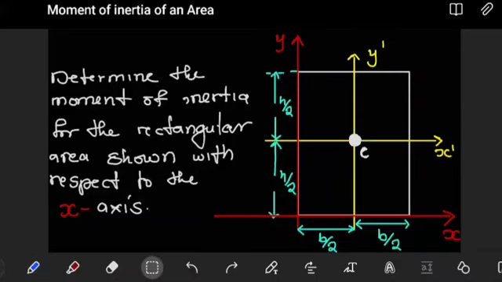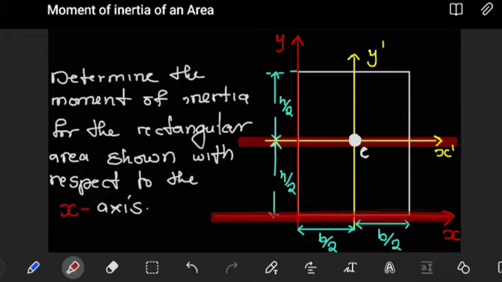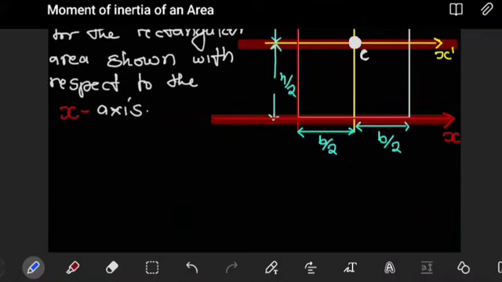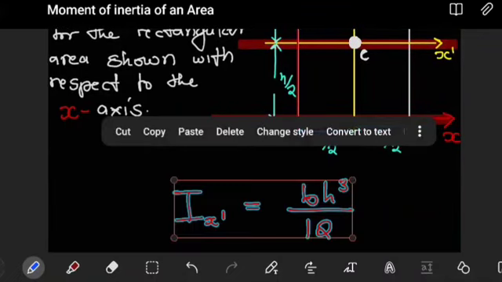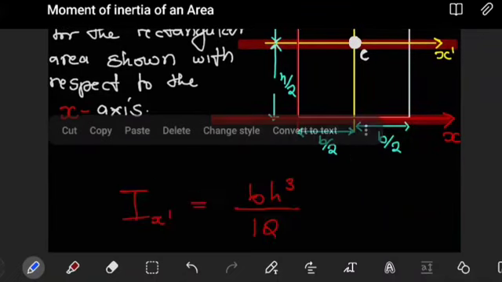Now, according to the parallel axis theorem, we see that it would work here because we already know the moment of inertia about the x prime axis. The axis they want us to evaluate the moment of inertia about is an axis parallel to the x-axis. And the moment of inertia about the x prime axis was determined earlier. This is what we found.